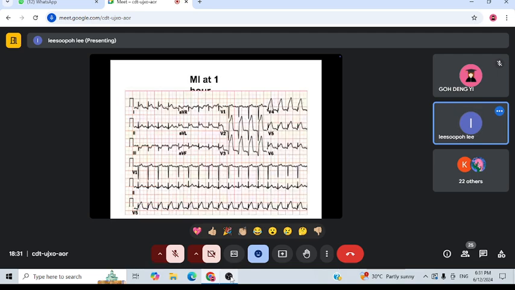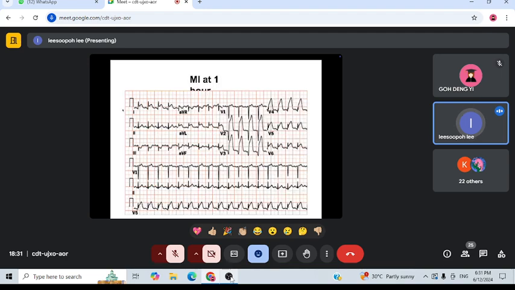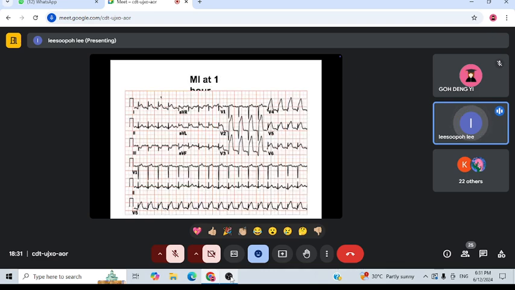And then with time, you will see the progression after 1 hour. Here, there's no ST elevation; just now it's very mild, maybe yes, maybe no. But 1 hour later, in lead 1 you see the ST elevation going up significantly, similar to V2 to V4 as well.